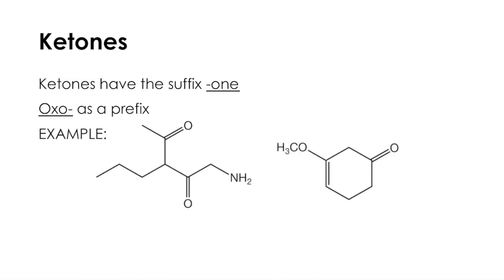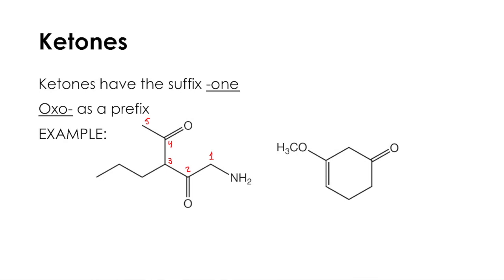So in this first example here, we have the backbone being the largest chain that has both of the high priority groups on it. So since there are two ketones, we want to make sure that they're both on the longest chain. So I'm going to start my numbering here to make sure that the amine is in the lowest possible number, and everything else is just a substituent.